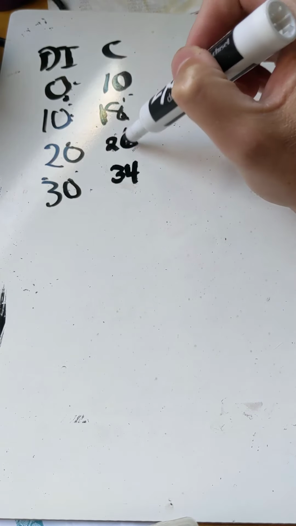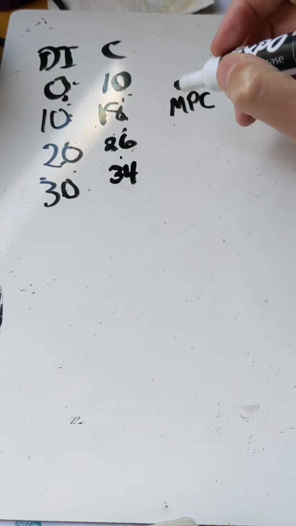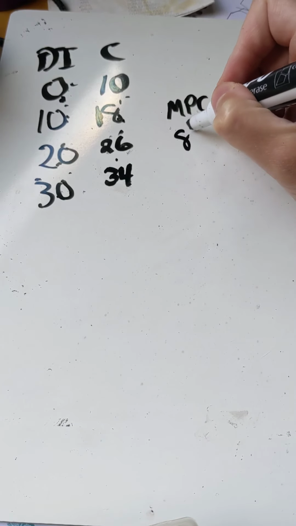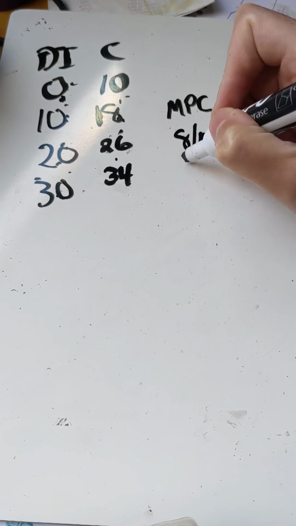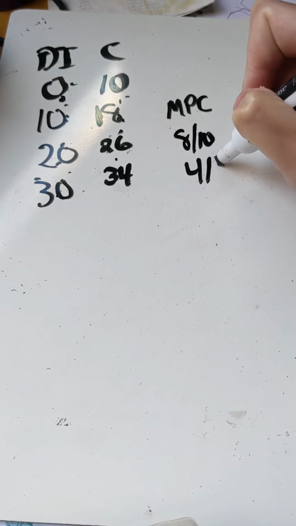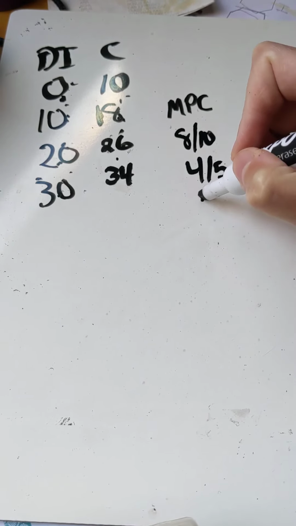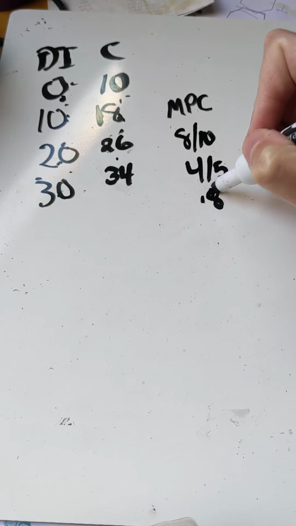So the MPC is 8 out of 10, or 4/5, or 0.8 is what we tend to use.